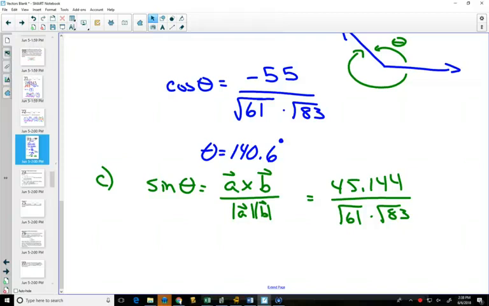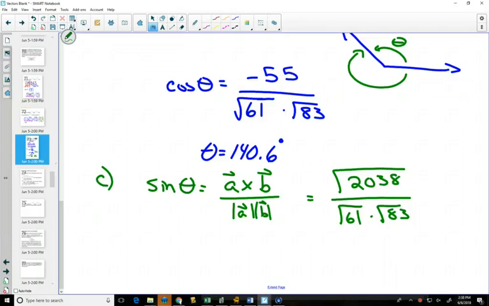So let's see what happens when we take this answer. Just so that I can use exact values, this was 2038. Okay?